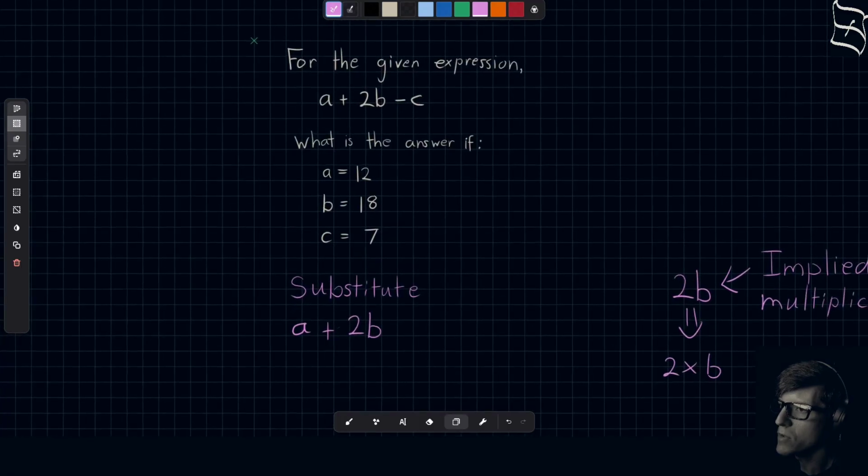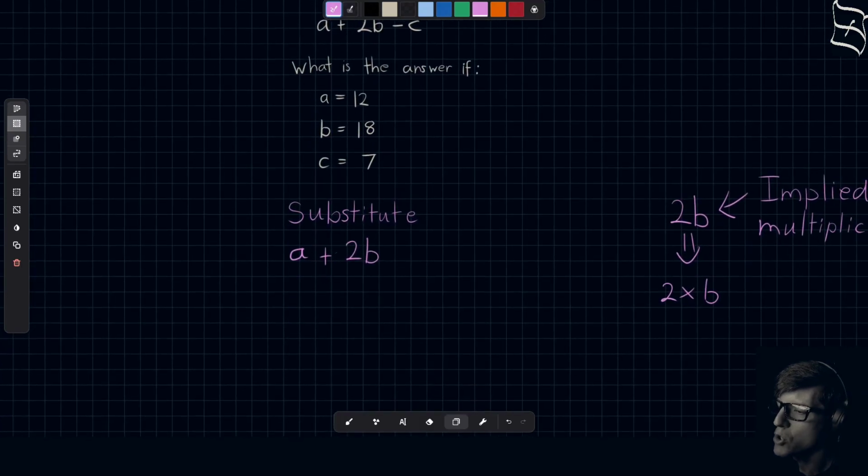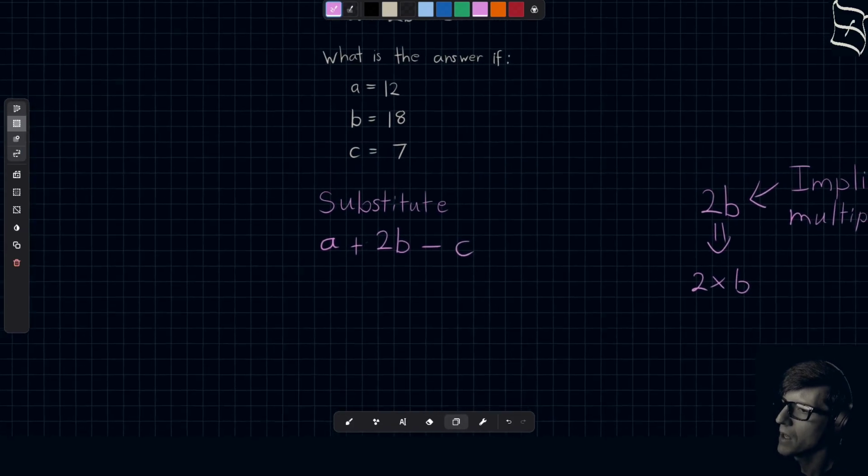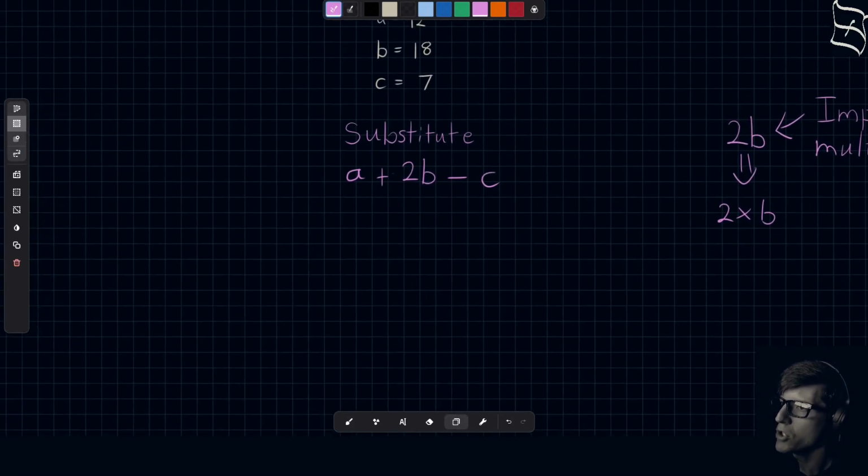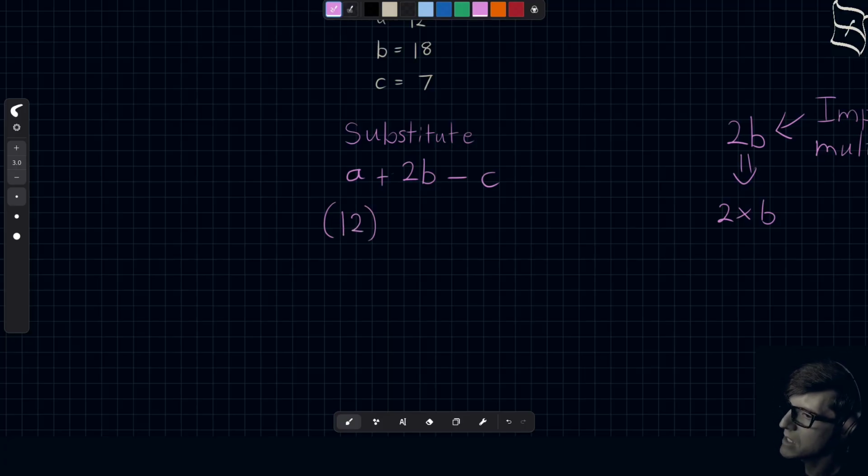So we substitute. We start first with our expression a plus 2b minus c. So let's go ahead and substitute, and we'll show that by using parentheses. So we open up a parenthesis for a, and we drop the quantity for a in its place. We substitute. And we do the same thing here. We plus, now here we have 2.